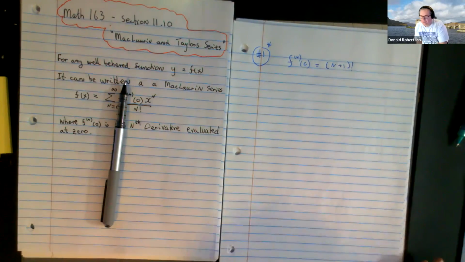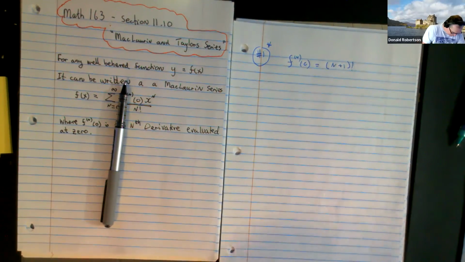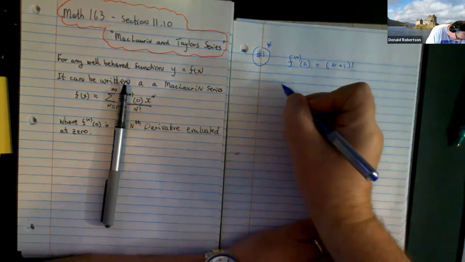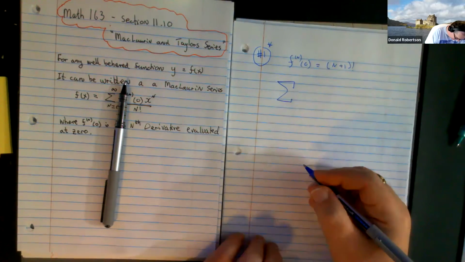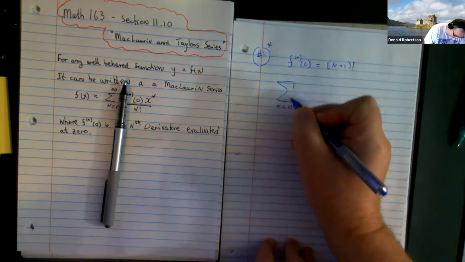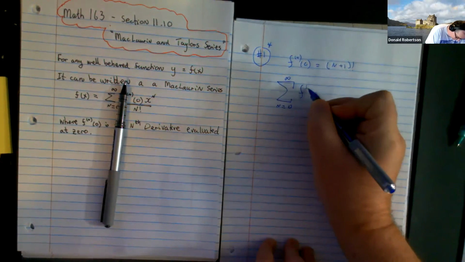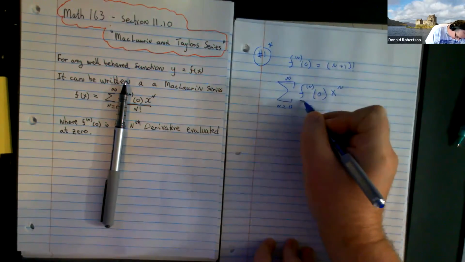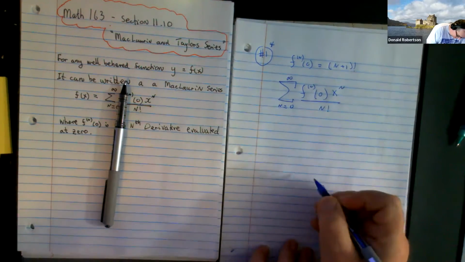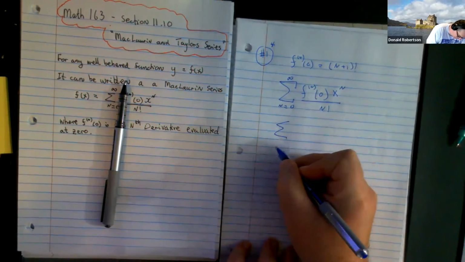Wasn't that nice? And our job is to find out what the power series would look like in this question. So the general version of a power series, a Maclaurin version at least, is that guy. And then we do style points.